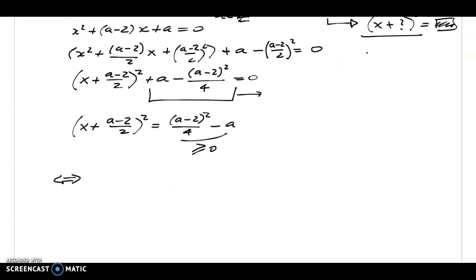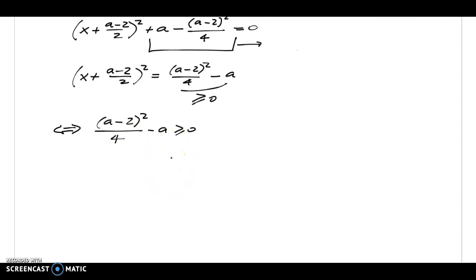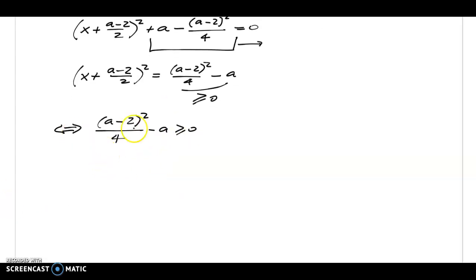This can only happen if (a minus 2) squared divided by 4, minus a, is greater than or equal to 0. Now I just multiply through by 4, so this is (a minus 2) squared minus 4a greater than or equal to 0. There we go.